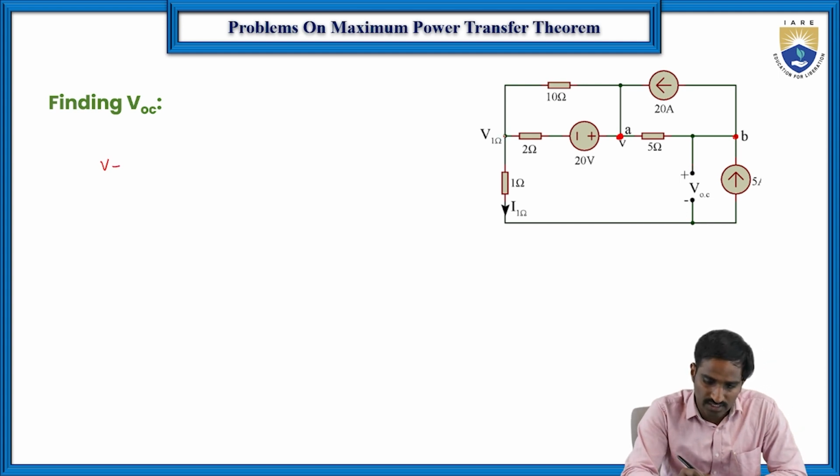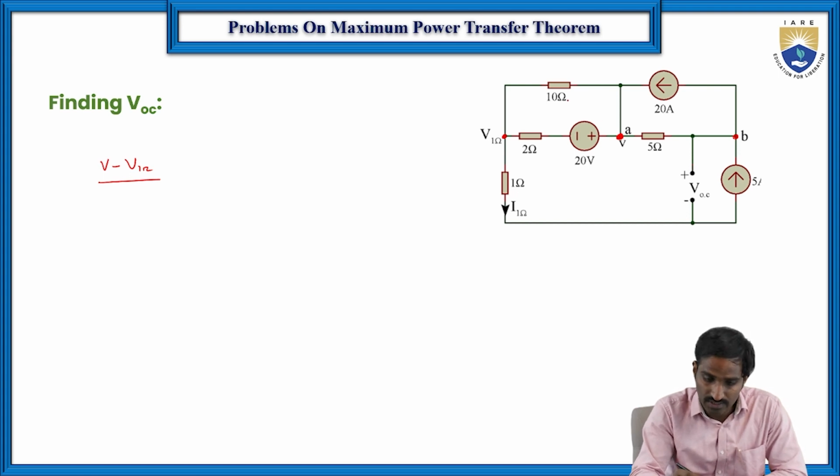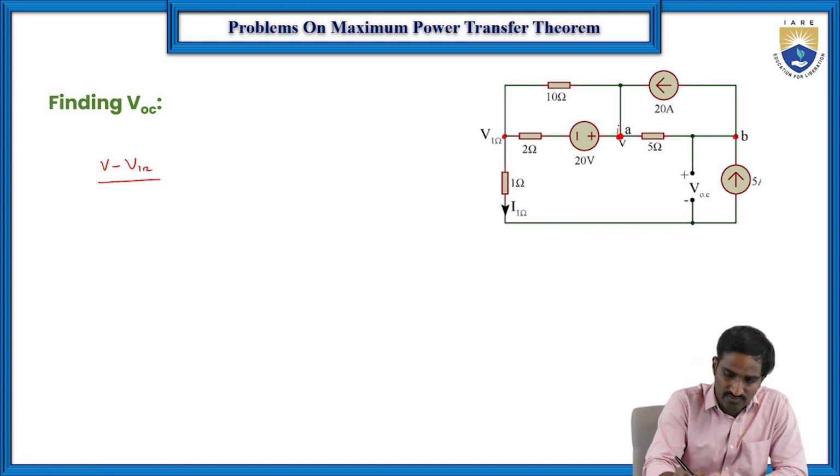So here let us consider this is the voltage across the 1 ohm drop. So V1 ohm, let us consider. Here it is 10, because this way we are finding. So 10 is the total resistance, plus V minus 20 by 2 ohms, so 2.